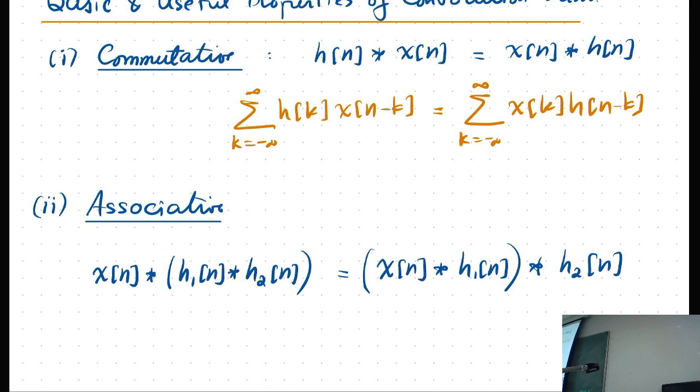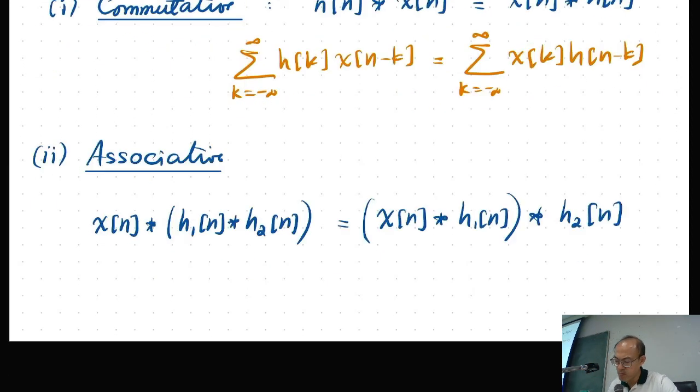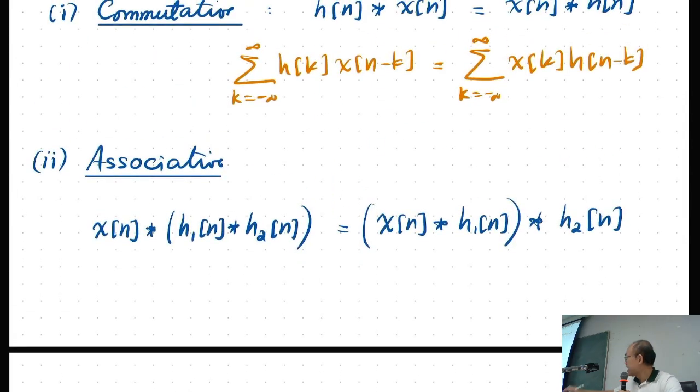You can pick these two to perform convolution sum first, and then you perform convolution sum between the result from this with x, or you can do these two first and then do the last one, right? So the order of this is irrelevant. That's what's called associative. And actually, the proof of associativity is not straightforward. It's not easy, actually. It is rather more difficult than the proof of commutative.